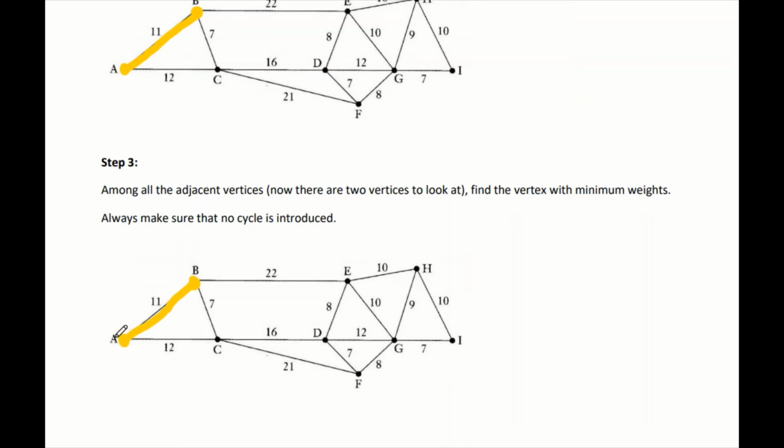So you are not only looking at those adjacent to A, but you also look at everything that is adjacent to B. That's why you have a choice of C and E now, because these are the two adjacent to A or B. Which one gives you the shortest? You can see that you have 12 from A to C, 7 from B to C, or 22 from B to E. Obviously the shortest is going to be 7. So this will be the third vertex that we choose.